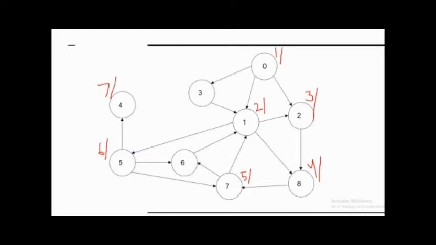In node 4, as there is no edge, we will denote node 4 as finished. From there, we will backtrack to 5. 5 still has an unvisited node, which is 6. We will visit and discover 6.